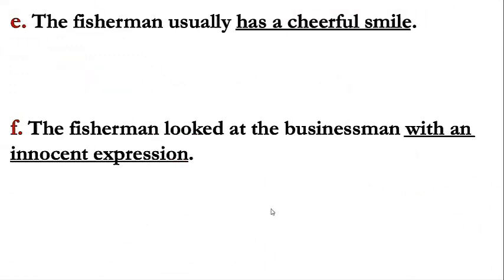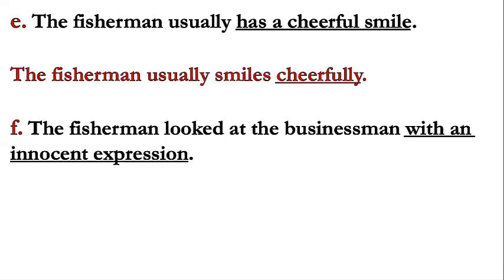Let's see number E. Think with me. The fisherman usually has a cheerful smile. We need to change has a cheerful smile into an adverb. Look, cheerfully, good. We have to go to the adjective and change it into an adverb.